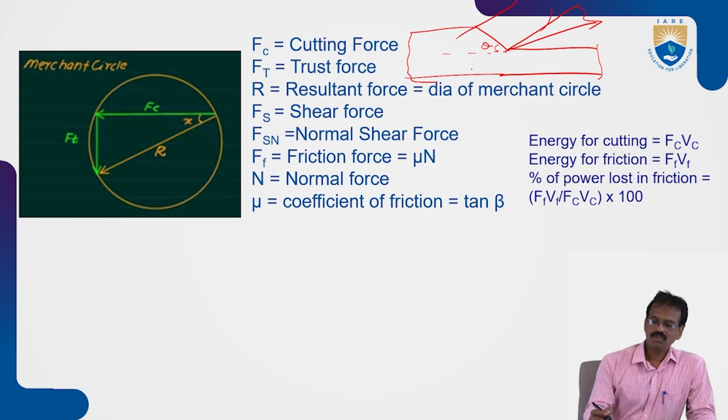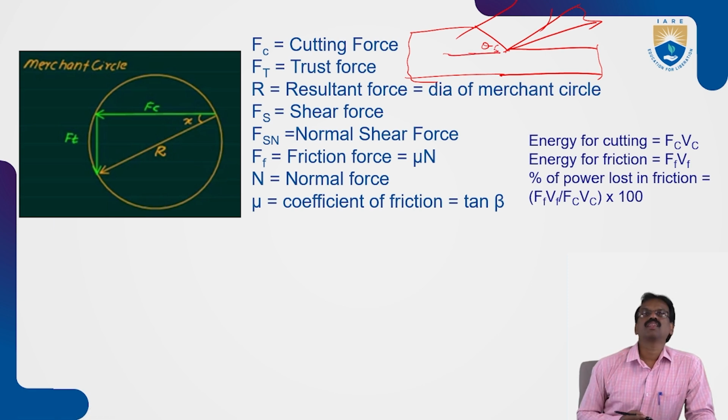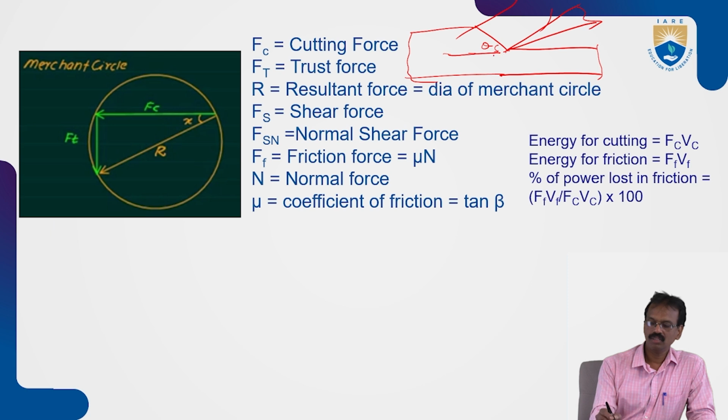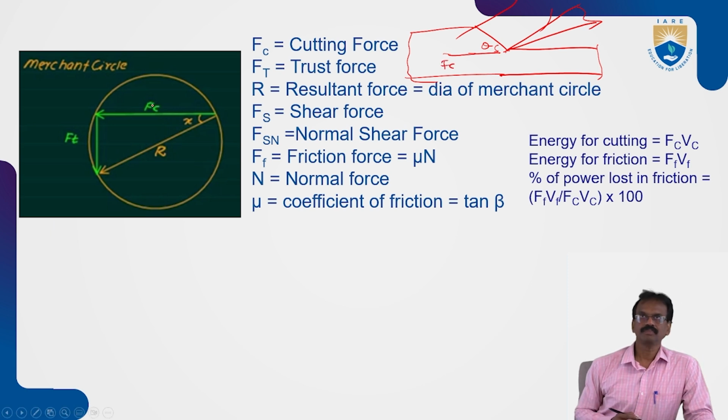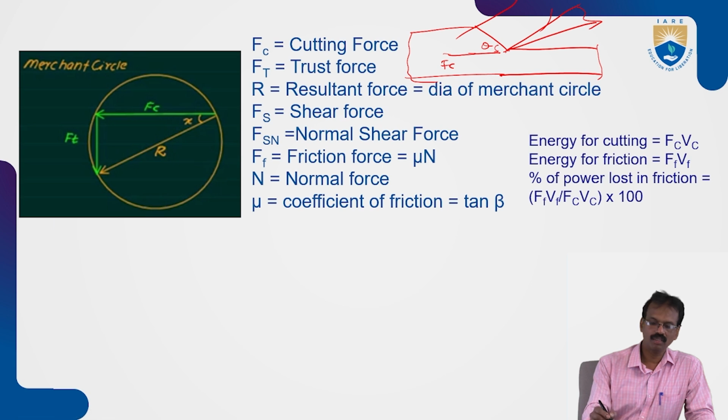The first one is Fc, the cutting force acting in this direction. If you draw one circle along this one, that is nothing but the Merchant circle. So Ft is the tangential or thrust force, which you can observe here.